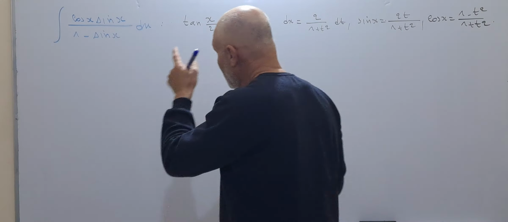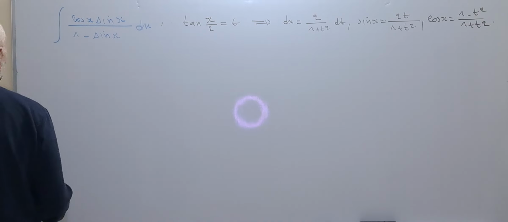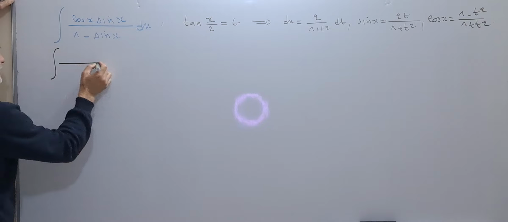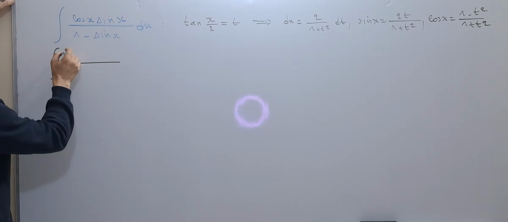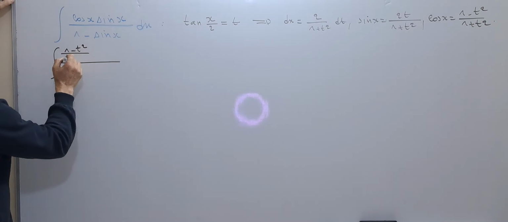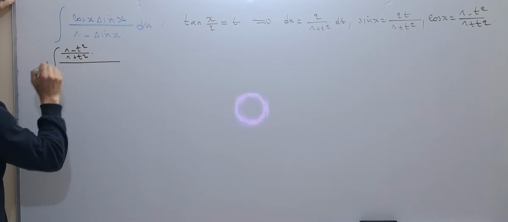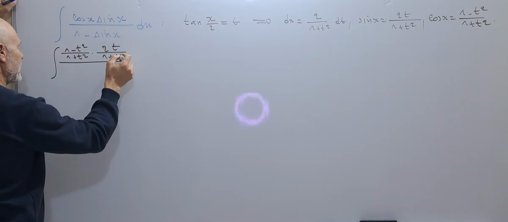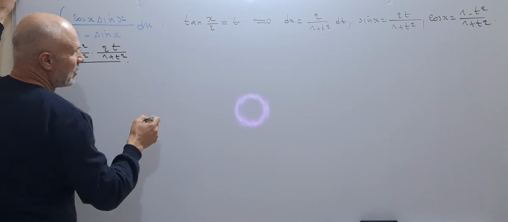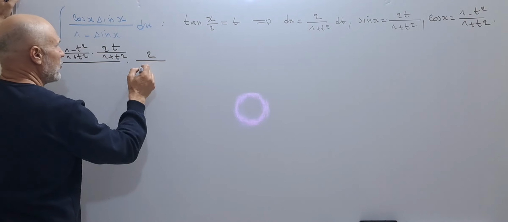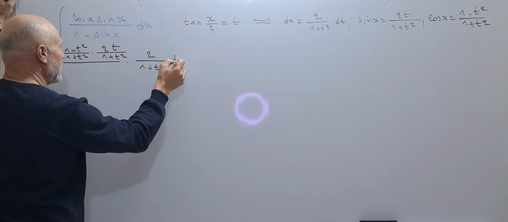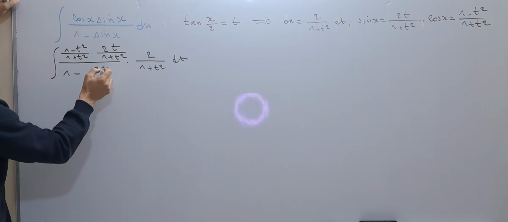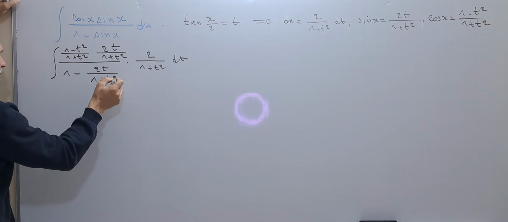So we replace in this integral, and we get cosine, 1 minus t square over 1 plus t square, sine, 2t over 1 plus t square, dx, 2 over 1 plus t square dt, and 1 minus 2t over 1 plus t square.